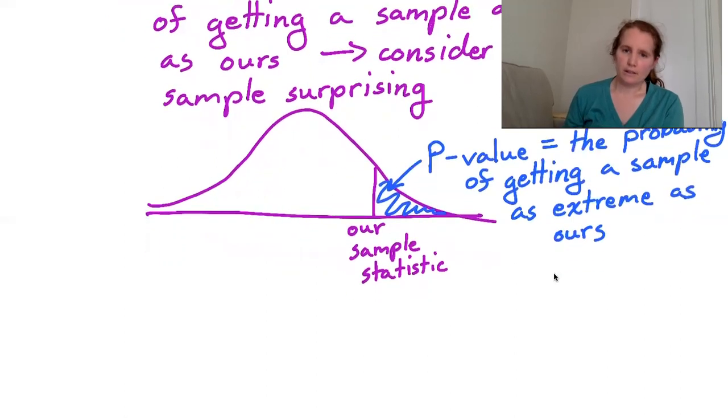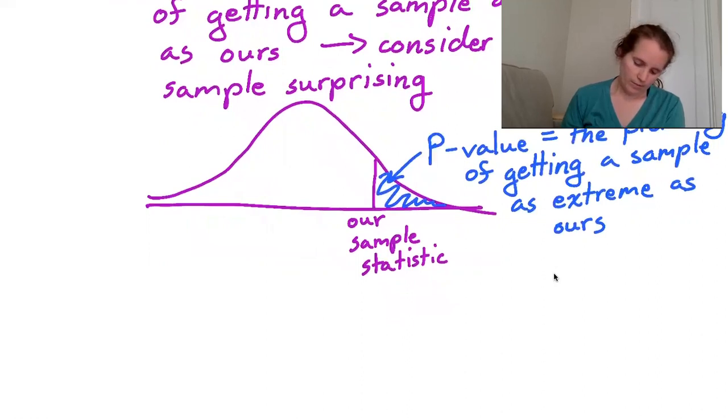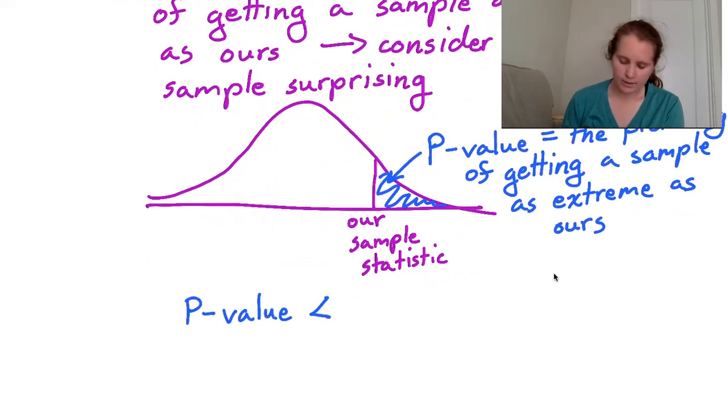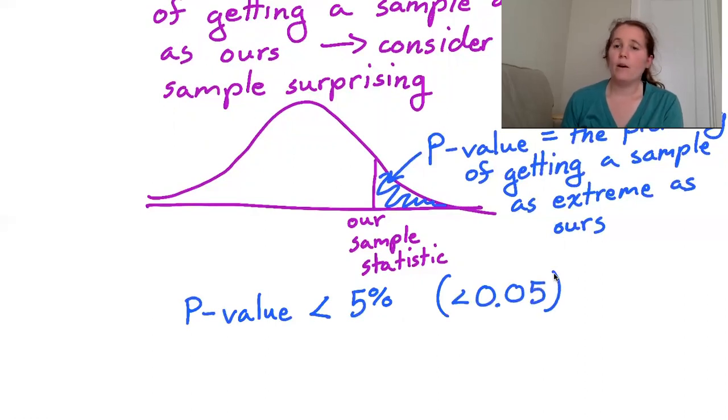And essentially, if the p-value is less than 5%, or less than 0.05, then we would reject the null hypothesis.